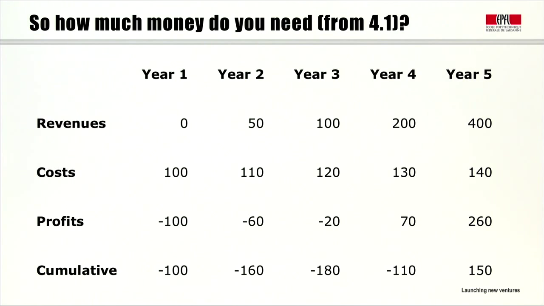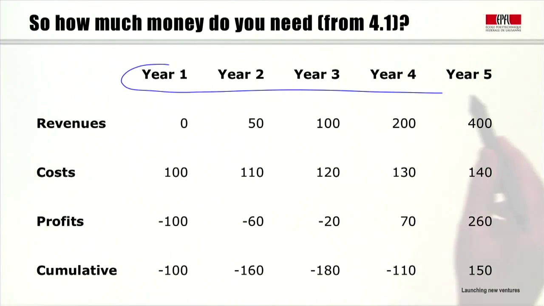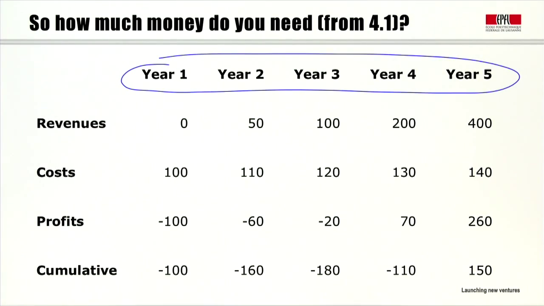So as you can see from this chart here, we have the years across the top. And down on the side, we have revenues, costs, profits, and cumulative cash flow. Again, we're not going to be too concerned about the accounting definition of profits and losses here. We're just mainly looking at the cash flows.